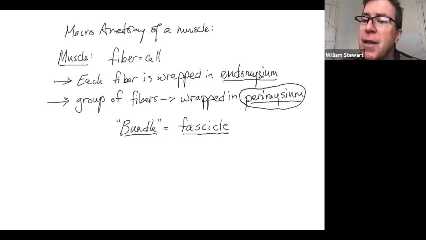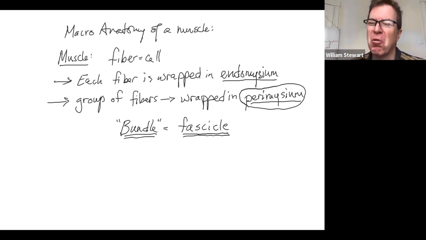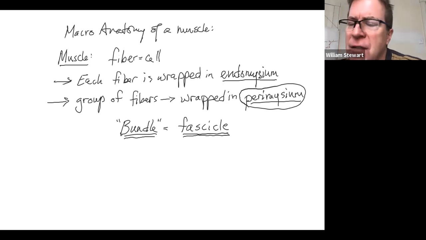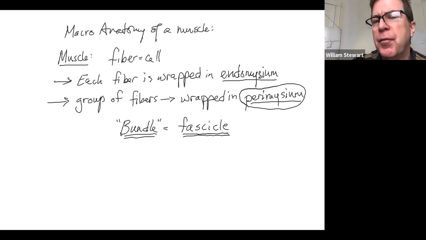Then, if we take more than one fascicle, more than one bundle, and wrap them in a really thick, coarse connective tissue, that makes up the entire muscle.